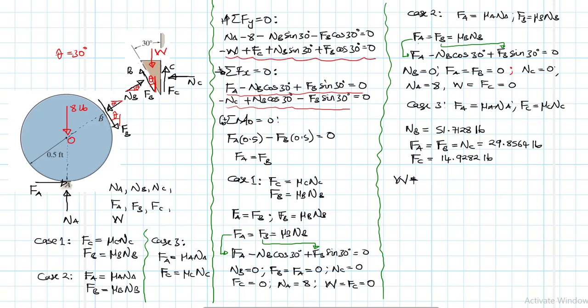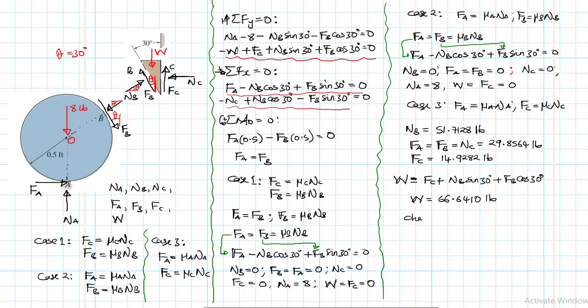W is equal to FC plus NB sine 30 plus FB cos 30. If you replace all the values, you find that your W is finally equal to 66.6410 pounds.